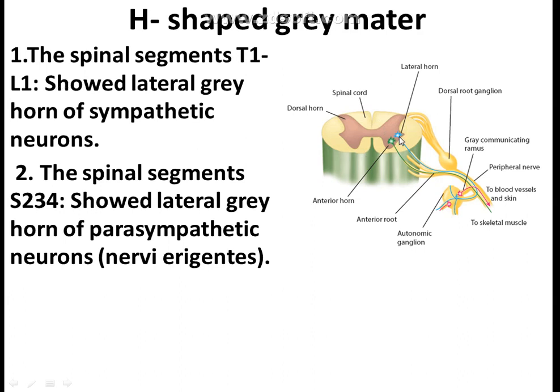Here, the lateral horn has neurons related to the sympathetic outflow, while the lateral horn at second sacral, third sacral, fourth sacral, S2, 3, 4, contains neurons related to the outflow of the parasympathetic system. This outflow of the parasympathetic system is sometimes called nervi erigentes, because it is related to erection and to reduction of the pain.